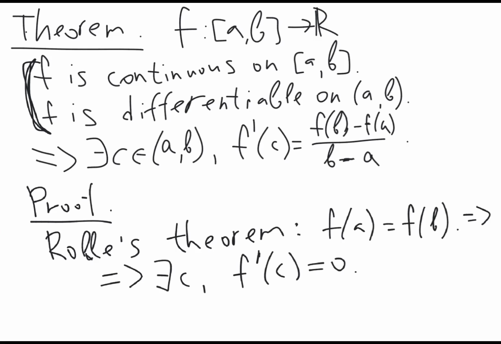We see that if f of a is equal to f of b, then the numerator is equal to 0, and so f prime of c, the derivative at the point c, would be 0. So Rolle's theorem is a particular case of this Lagrange mean value theorem.